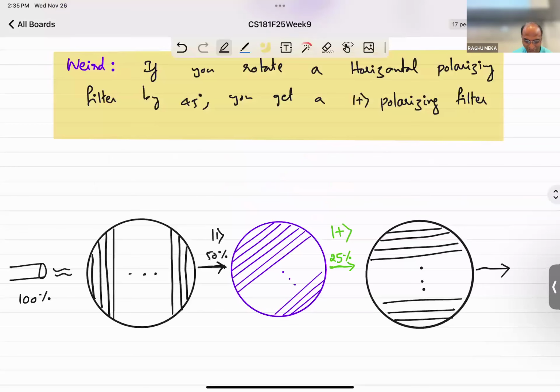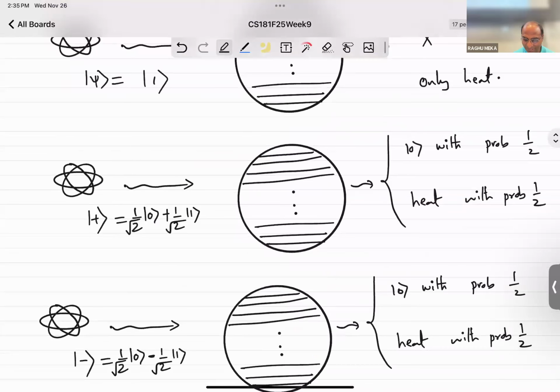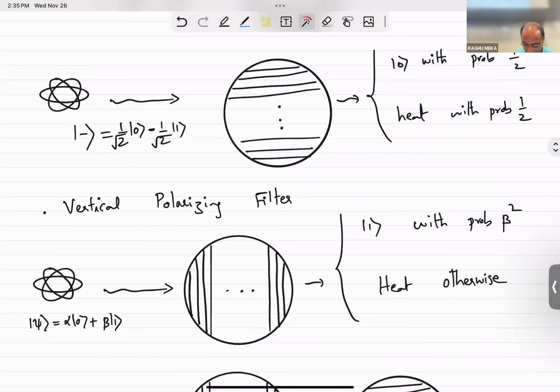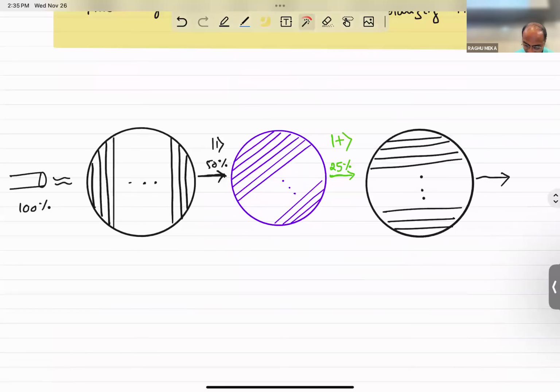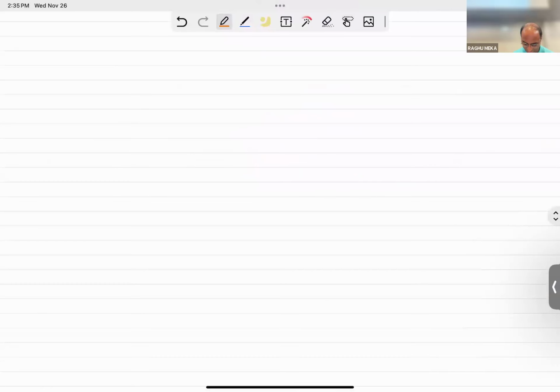We already did that: if I send in a plus through the horizontal filter, it gets through with probability half and gets converted to heat otherwise. So I should expect 12.5% intensity. So what happened?